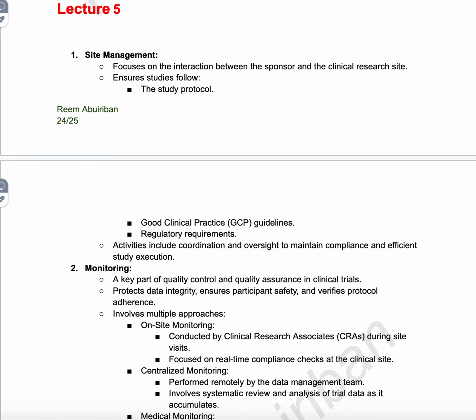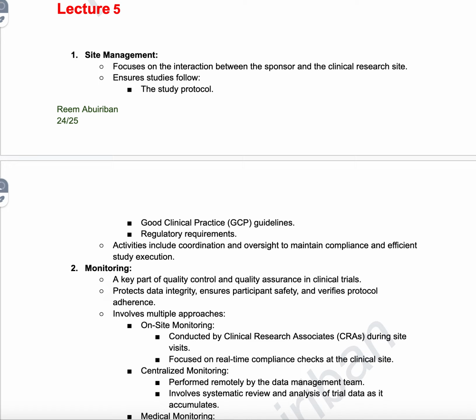So let's start. Site management focuses on the interaction between the sponsor and the clinical research site, ensures studies follow the study protocol, good clinical practice guidelines, and regulatory requirements. Activities include coordination and oversight to maintain compliance and efficient study execution.